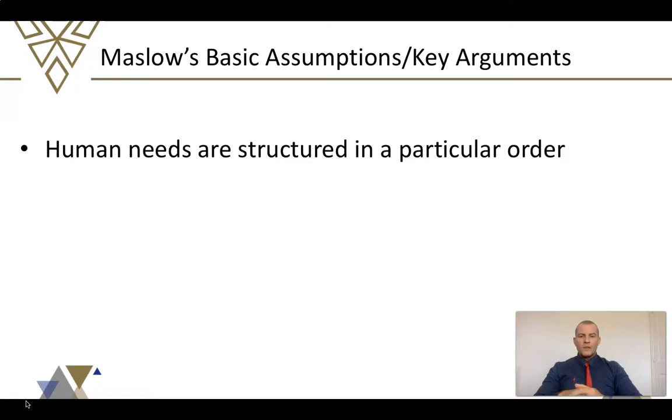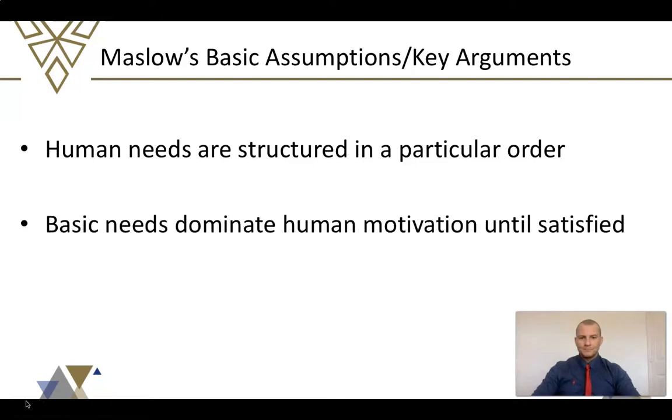Now, one of the main theories within Maslow's work is that the next one does not become important until one is fulfilled. So if you have a basic physiological need which isn't being met, you won't be interested in self-actualization until you've covered physiological needs and all the needs in between.